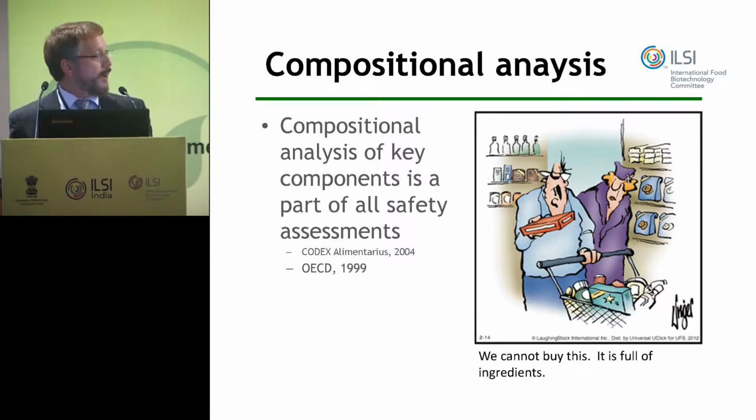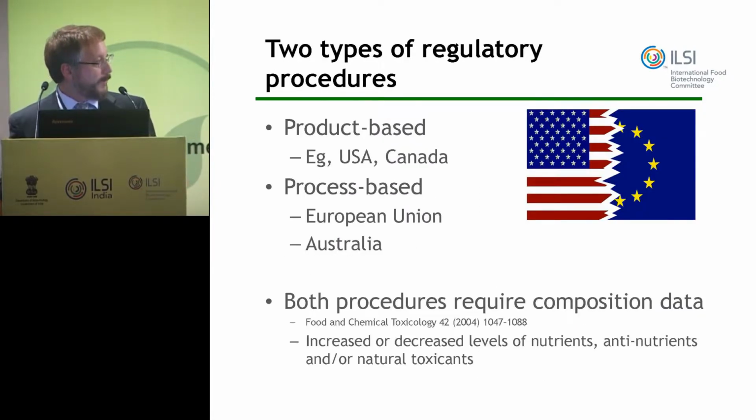And since then, compositional analysis is a key component of all safety assessments. Even when the regulatory systems are very different. Europe is process-based, very openly process-based. United States claims they're product-based, even though the trigger is still process-based.